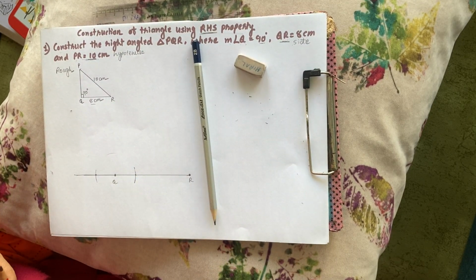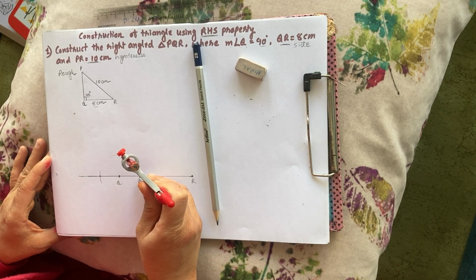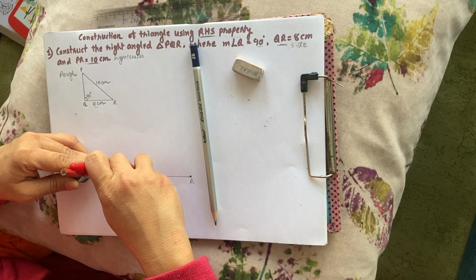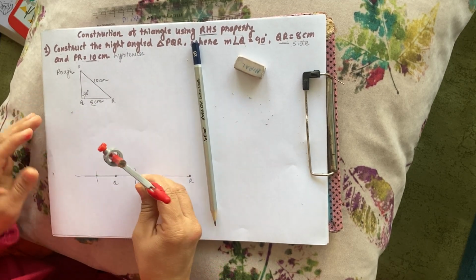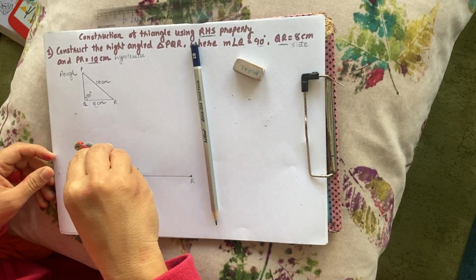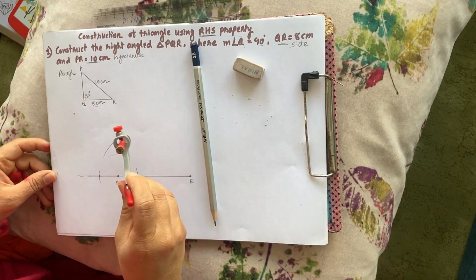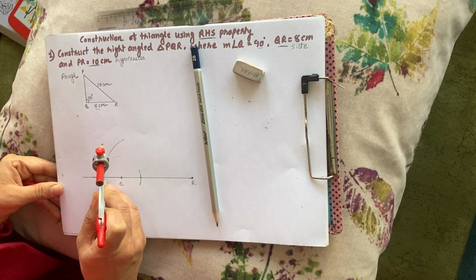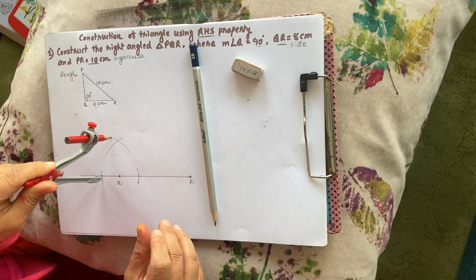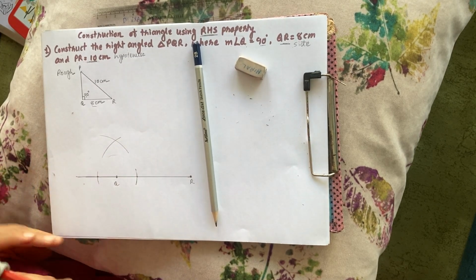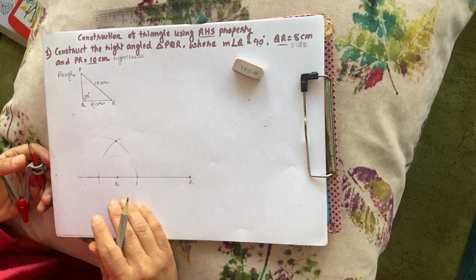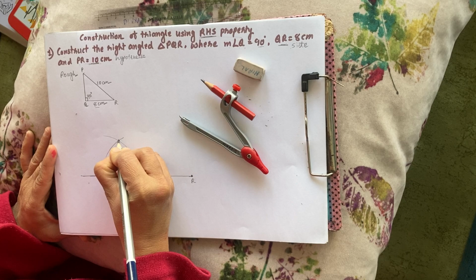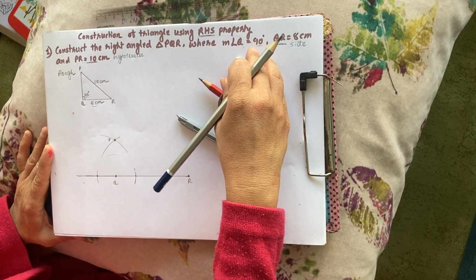Now from this point to this point I will take a measurement and draw an arc above Q. Similarly, from this point, the same measurement I will take and draw an arc above Q. Now these two arcs intersect at this point, and that point is just a point.